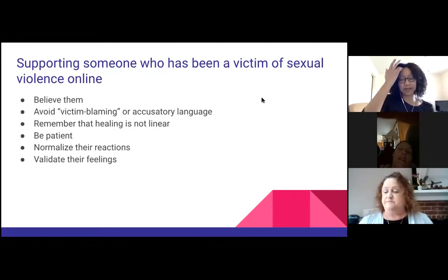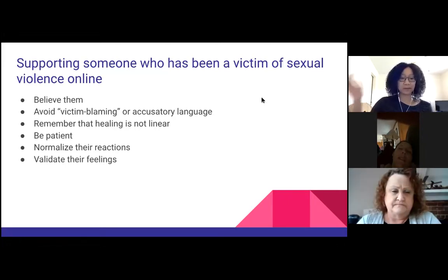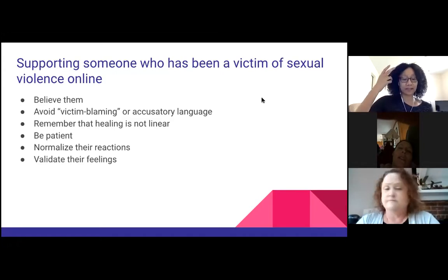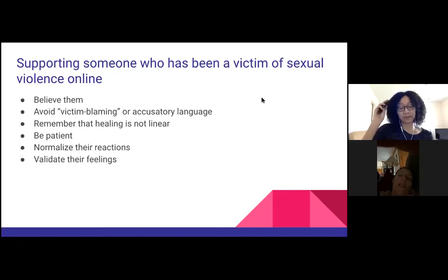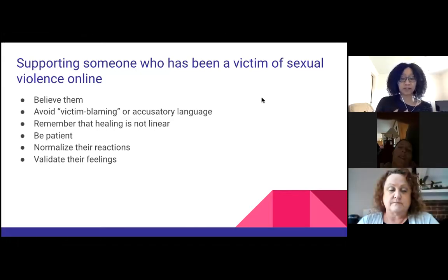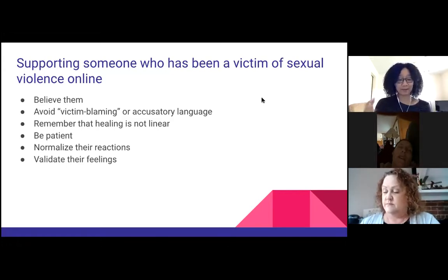Yeah, and I just want to add real quick, when it comes to validating their feelings when you're supporting someone, it can be really frustrating when we're in the middle of our healing journey and we're doing the things that we're supposed to do, right? Like going to therapy or practicing self-care. And maybe those things don't seem to be working, especially when we see other people and it's working for them.